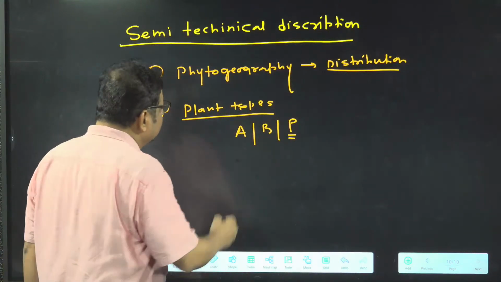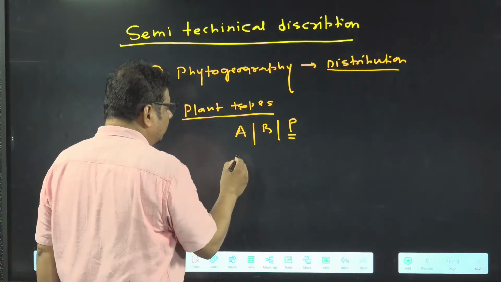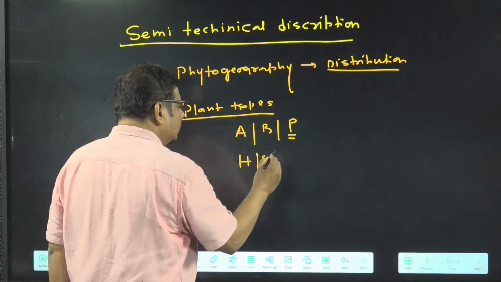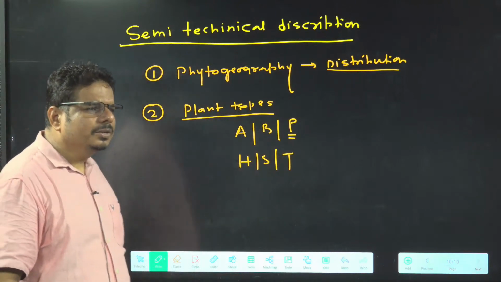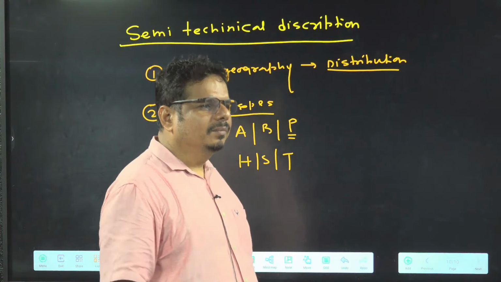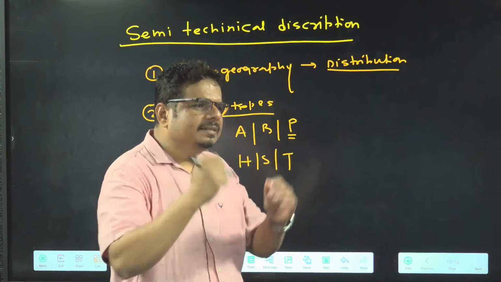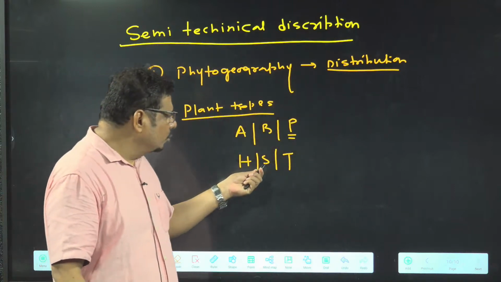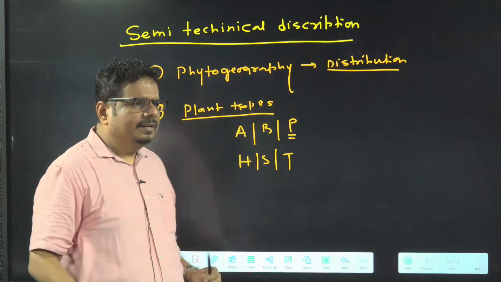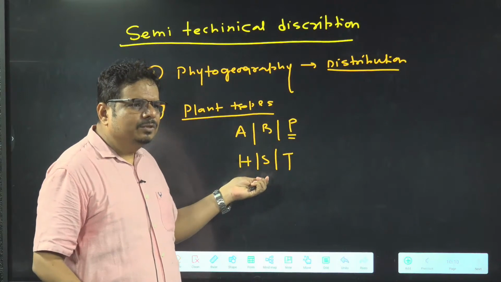Now I am telling you another terminology: herbs, shrubs and trees. Herb, herbaceous plant, every part is green, grasses are herbs. Shrubs, bushy plants that form bushes, like rose is which one? Shrub.